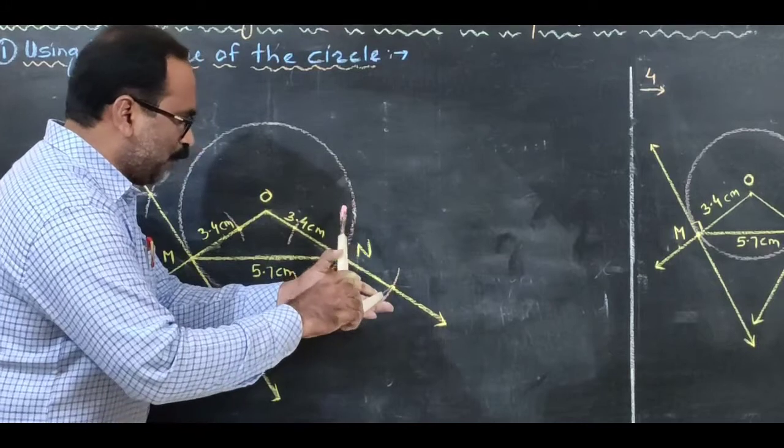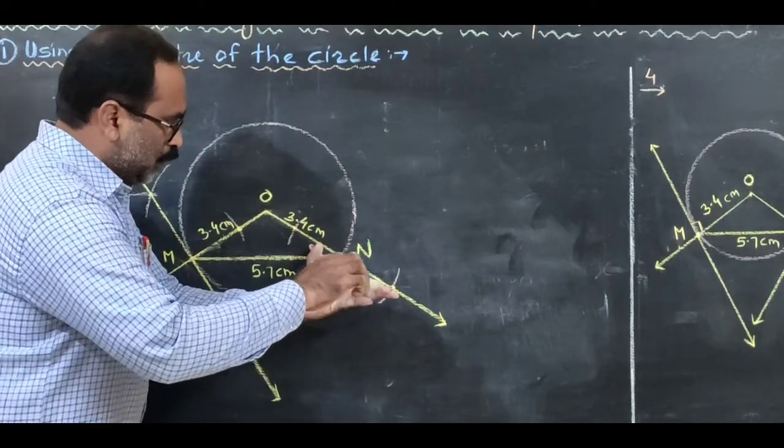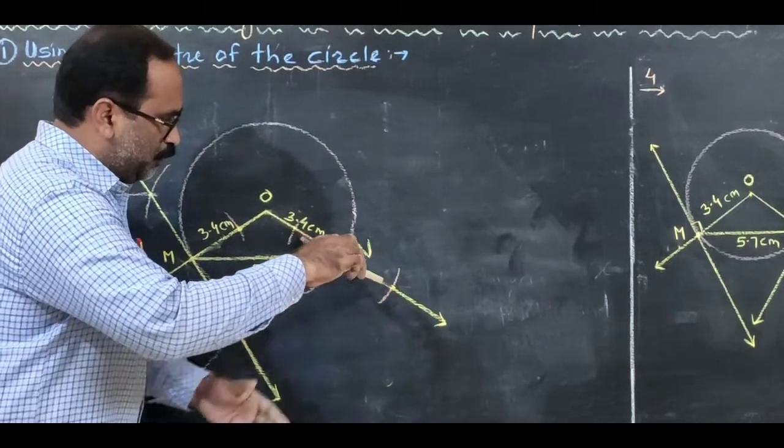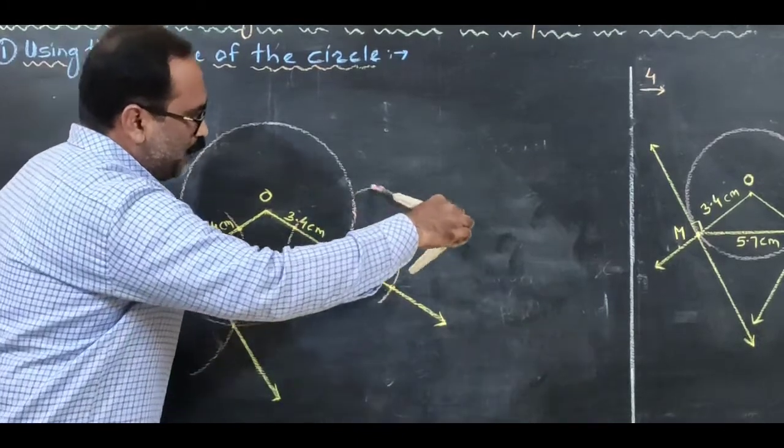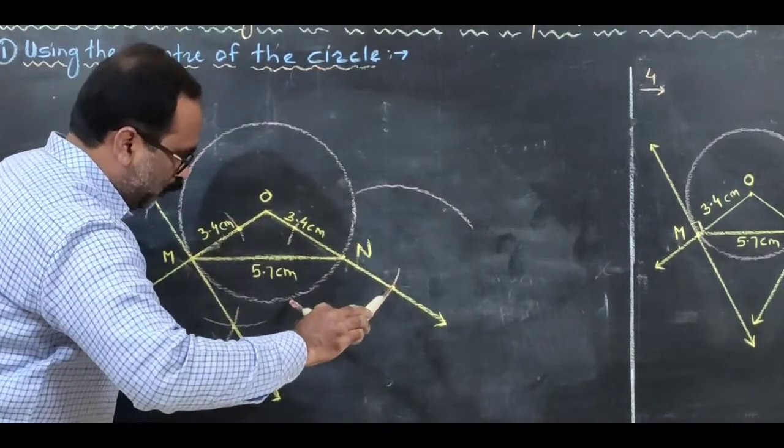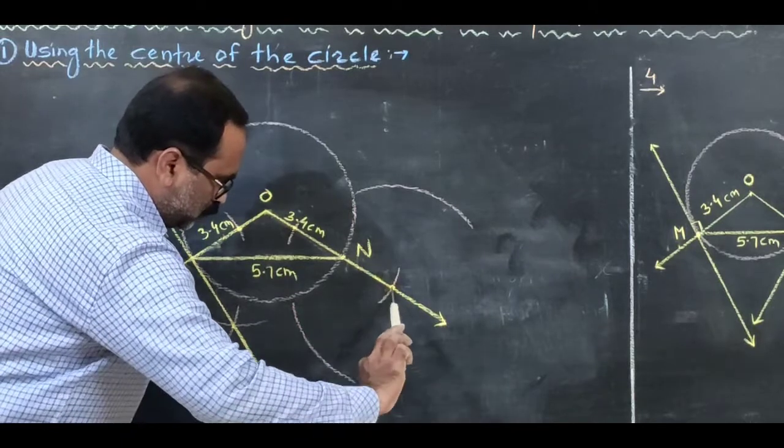We put the nib of our compass at this point. We take more than half distance in the compass. We draw an arc of the same radius both below and above.